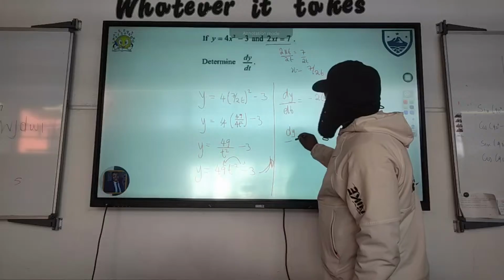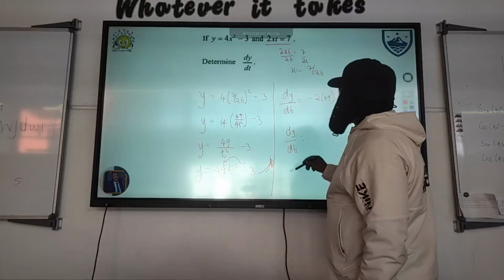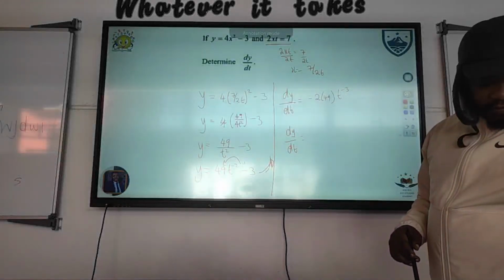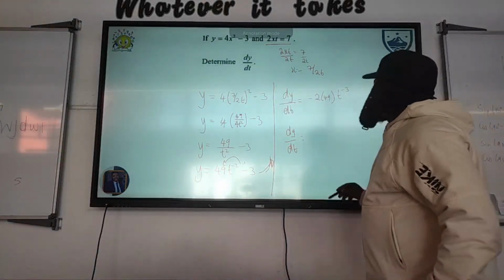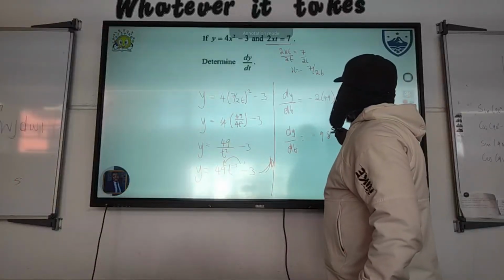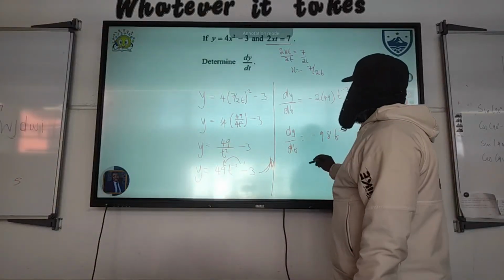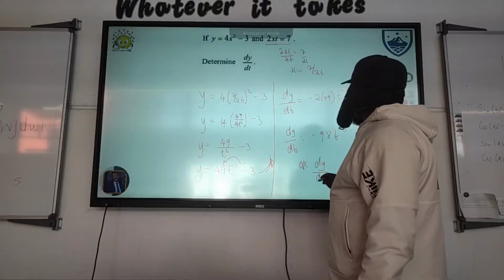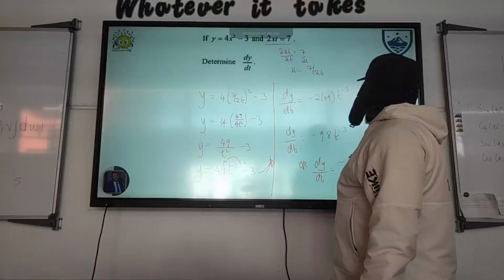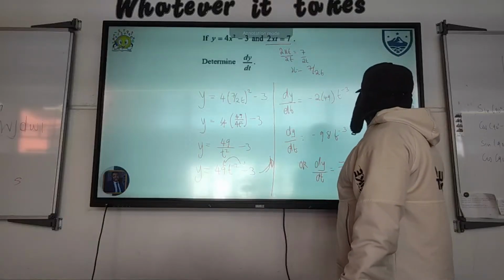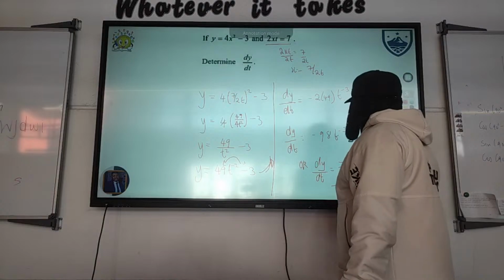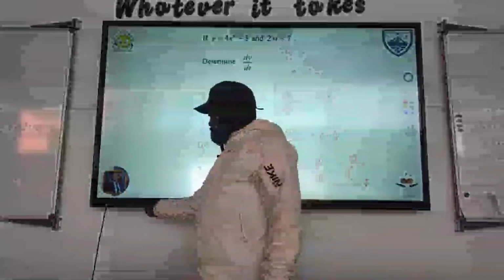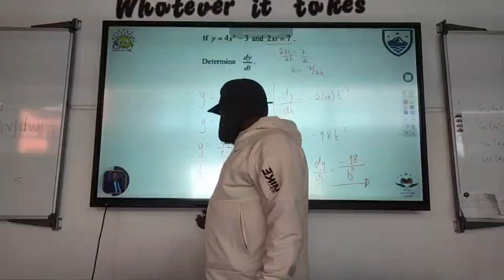So dy/dt will be 49 times 2 quickly is 98, negative 98 t to the power of negative 3, or somebody can also say dy/dt as a positive exponent will be negative 98 over t to the power of 3. Awesome stuff.